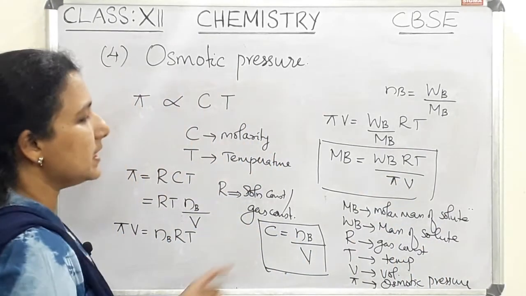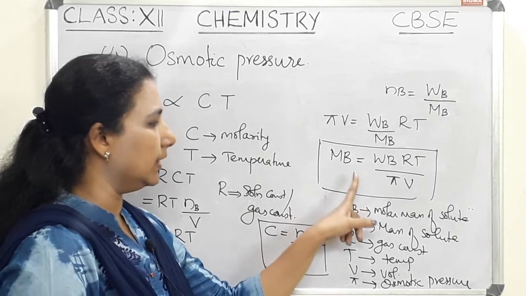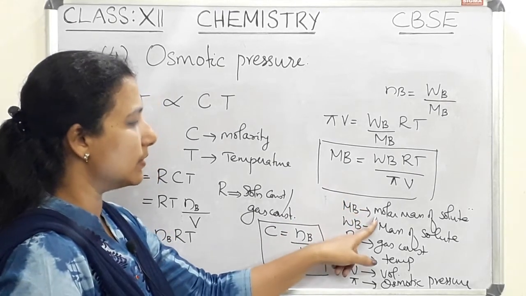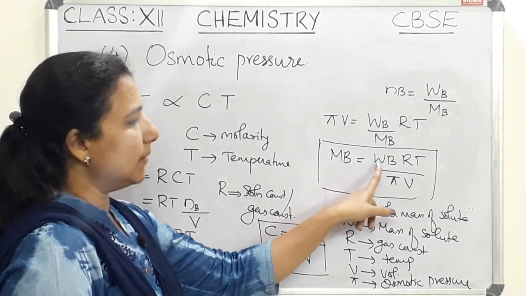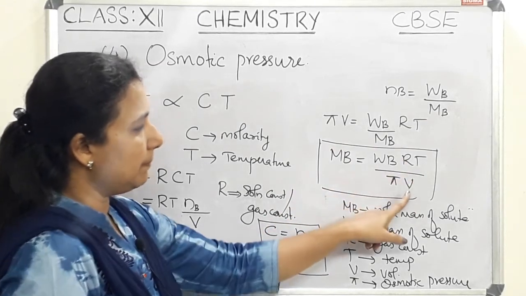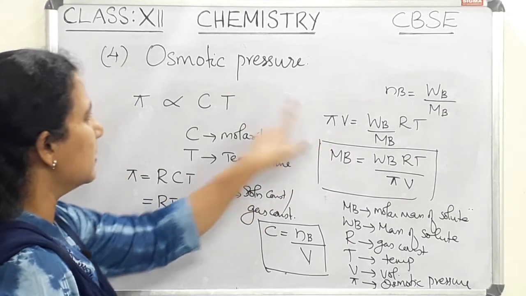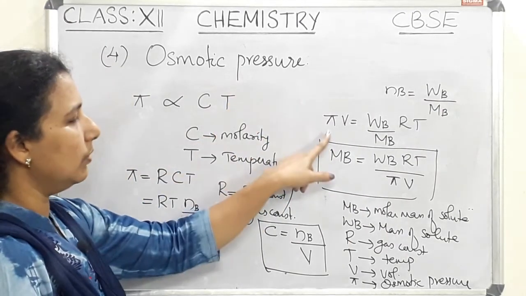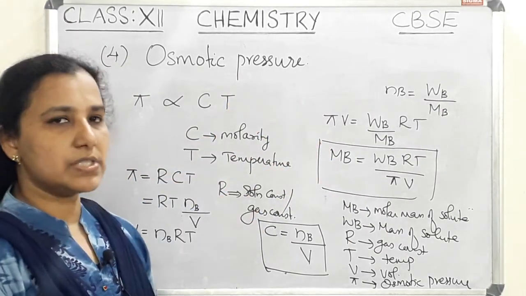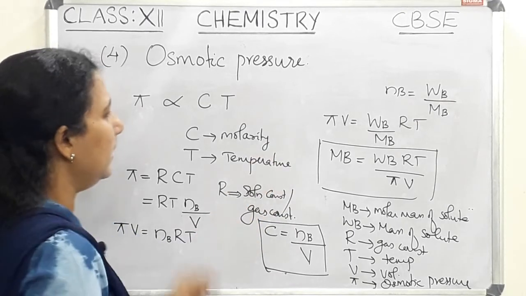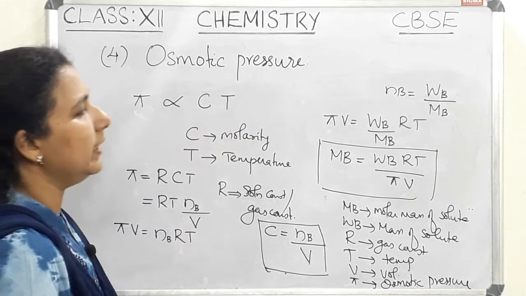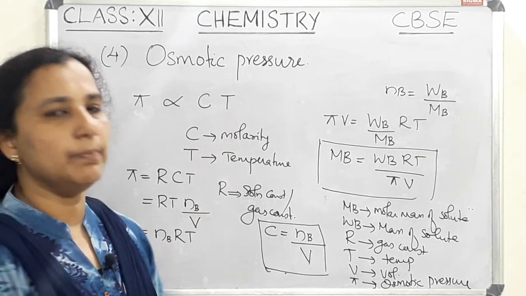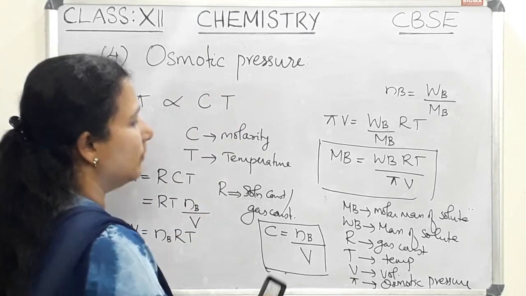For atmospheric pressure we write P, but for osmotic pressure we write pi. This is another colligative property. So this is about osmotic pressure.